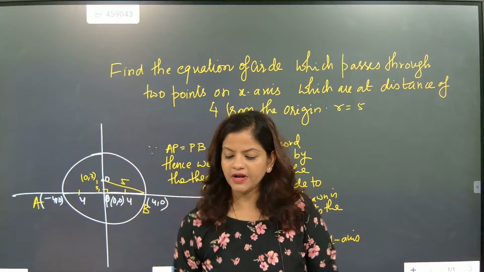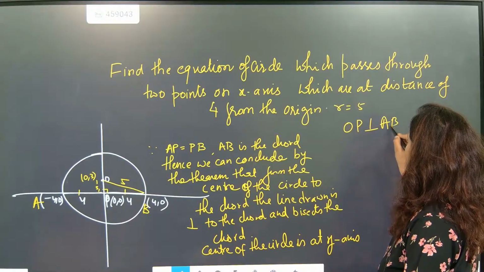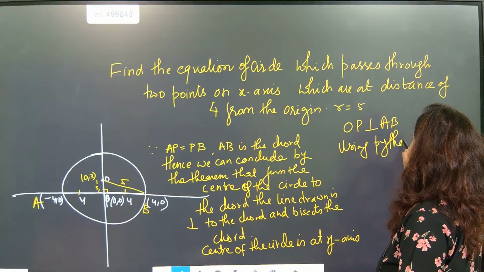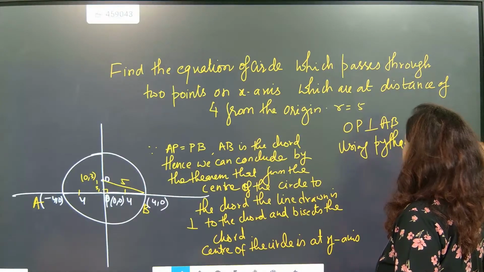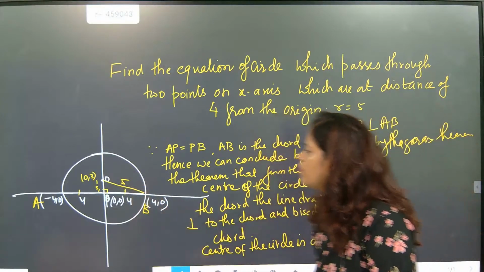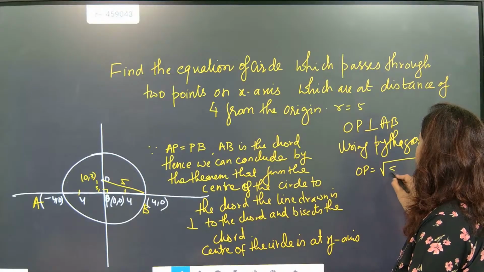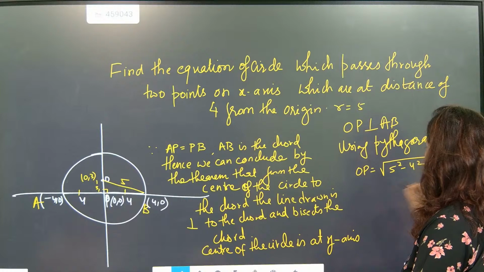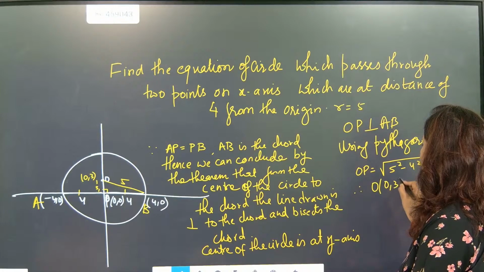And OP is perpendicular to AB. So using the Pythagoras theorem, this question is Pythagoras theorem. So once you are using the Pythagoras theorem, then 100% beta, OP will be exactly root under 5 square minus 4 square. That is root under 9 and that is 3. Therefore, O will become 0 comma 3.